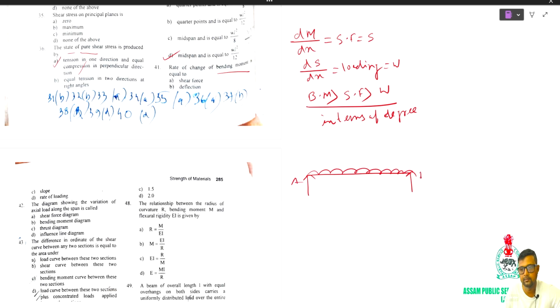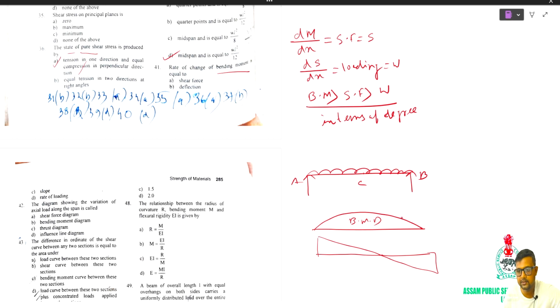A, B, C. Now what is the bending moment diagram, BMD? And this is the shear force diagram, right? Now see, the bending moment diagram is the equation of a parabola, right?